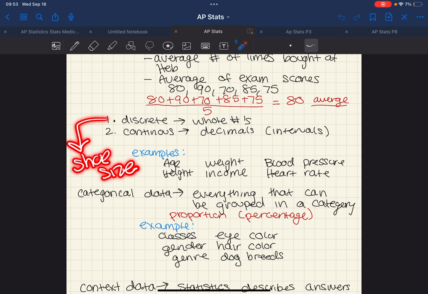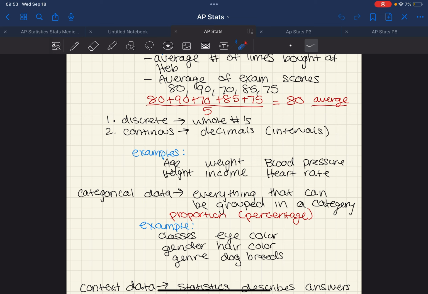Okay, shoe sizes can come in whole numbers, so like a size 6, or it can also come in half sizes, like a 7.5. So even though 7.5 is a decimal, it's not a continuous decimal within an interval. So that means if it is something that is countable, so when we're thinking of shoe sizes, we think 7, 7.5, 8, 8.5, so on and so forth, it's still considered discrete.